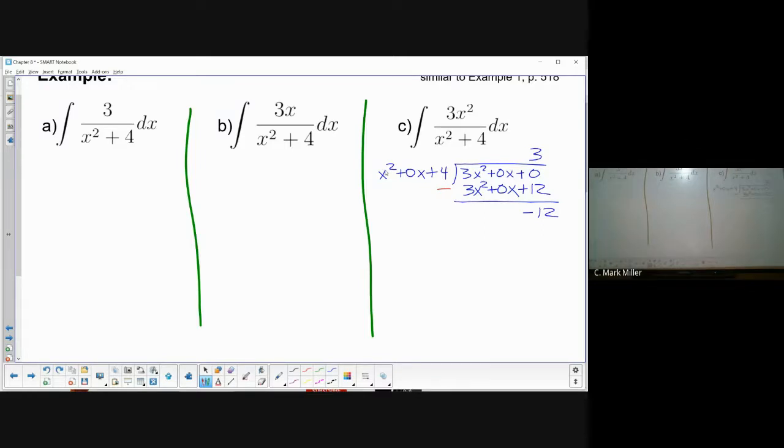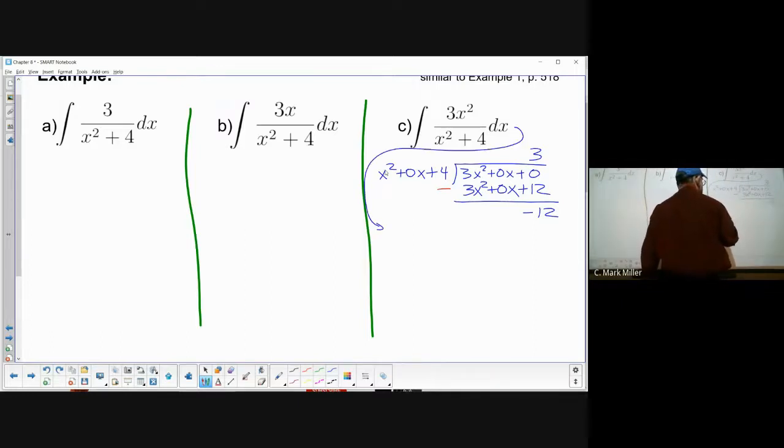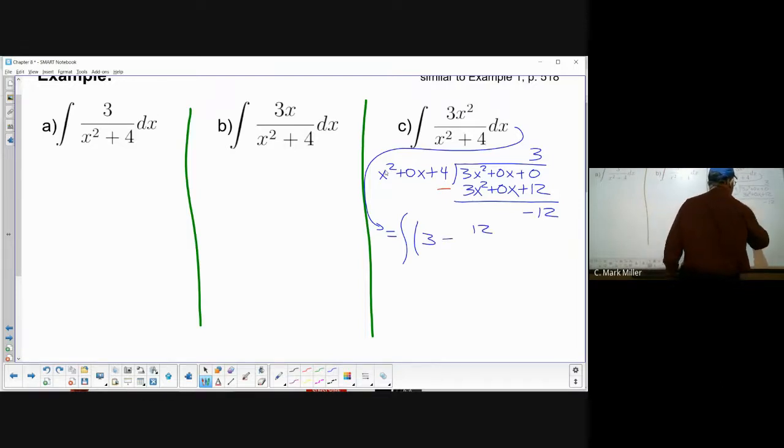That means that this integral equals the integral of 3 minus 12 divided by x squared plus 4 dx.